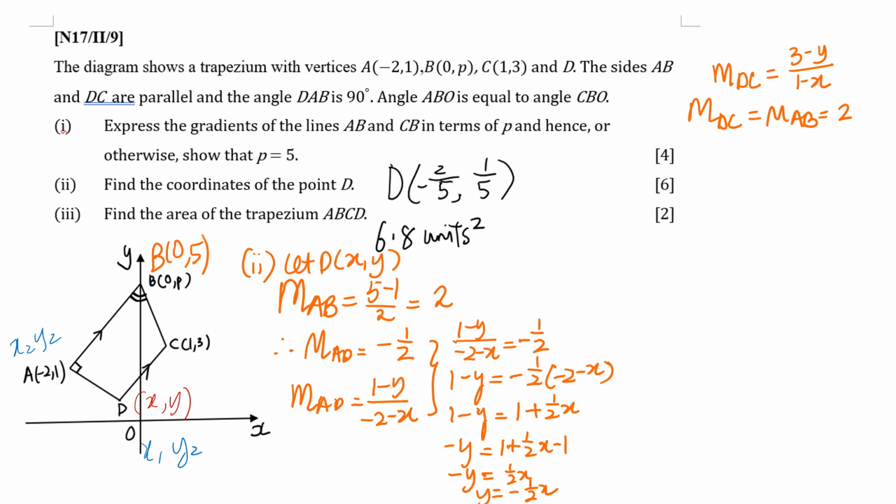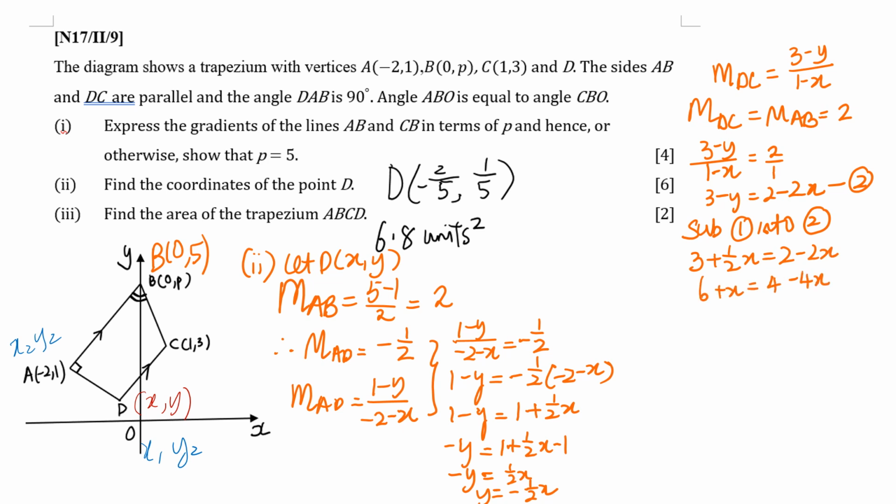Since DC is parallel to AB, the gradient of DC is 2 as well. These two values, you can just equate them to form a second equation. And you can substitute equation 1 into 2. Which one is your equation 1? Your equation 1 is this one here.